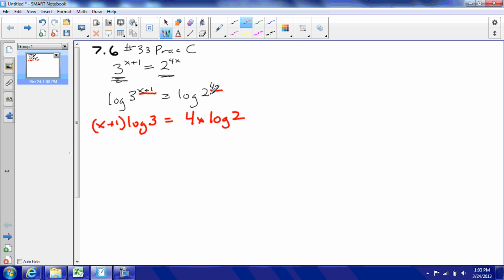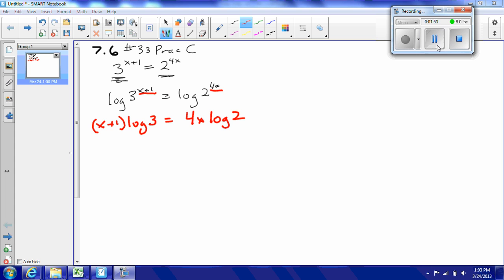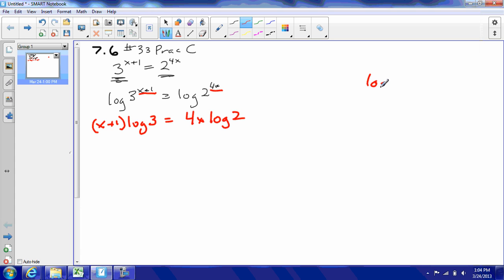I've taken my power now and moved it to the front. I've changed my power into a factor. That's what the power property says. The power property says that log x squared is the same as 2 log x. We take the exponent and we turn it into a factor.